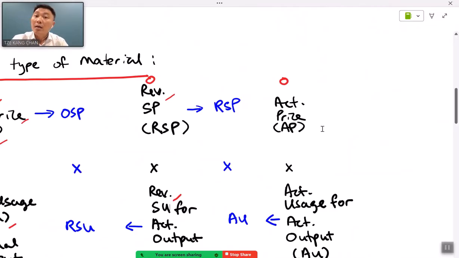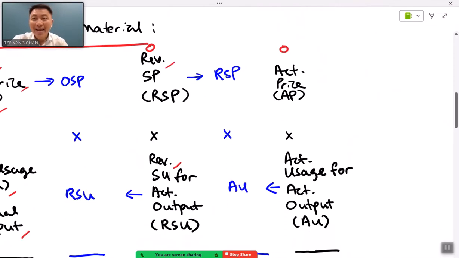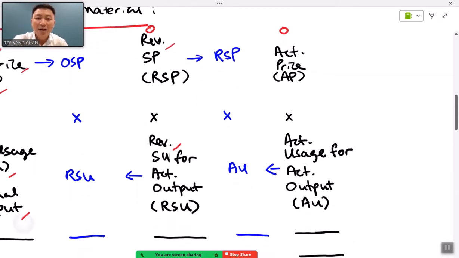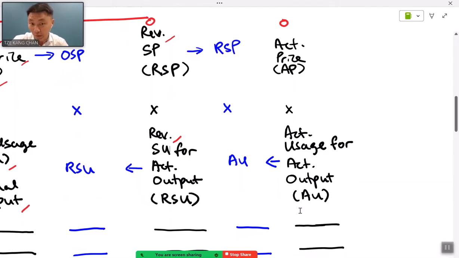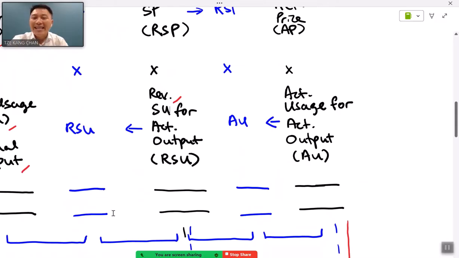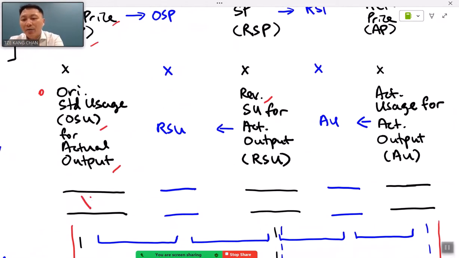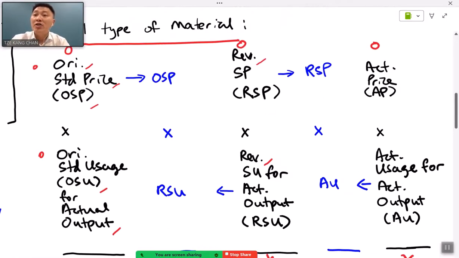Finally, the last column depicts the actual performance of the period, which is derived from the actual price, AP, multiplied by the actual usage for the actual output, or AU. With the three main sets of values that we have derived, students will find it much easier to remember to create two other columns that require the development of all the subvariances.